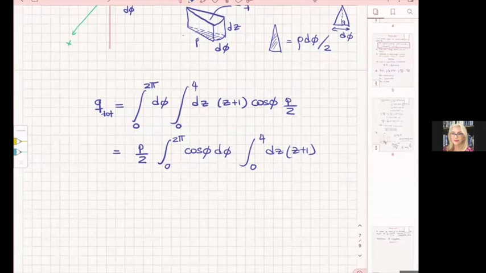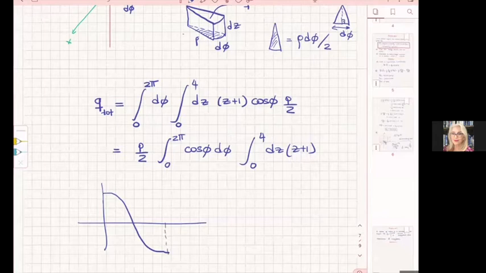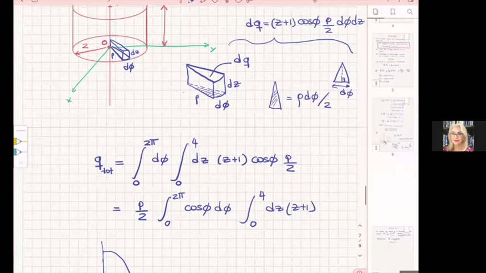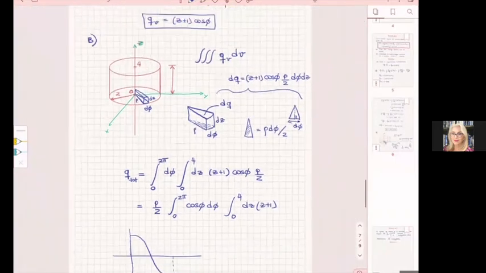So that one is going to be, you remember how cosine goes? Cosine goes like this. So practically, when we take the integral, let's suppose 0 to 2 pi. Did I miss something here?